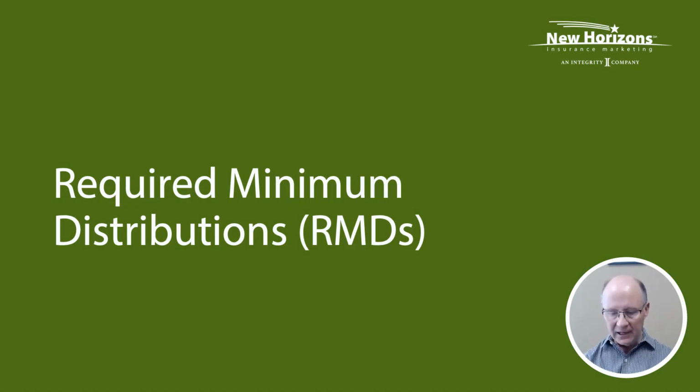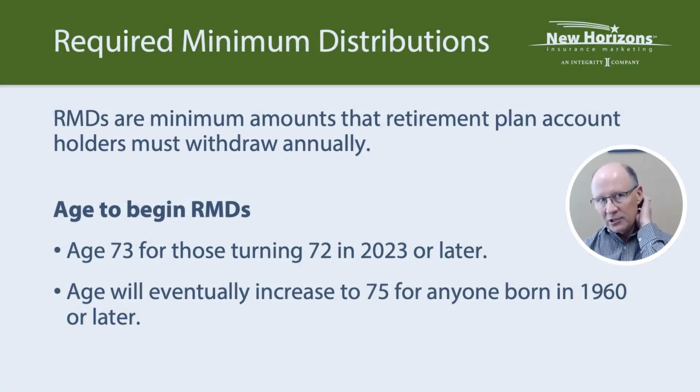The third term of our day here today is required minimum distributions, and you'll hear that mainly referred to as RMDs. This always has to do with the money that Uncle Sam has never gotten his share of yet, so the qualified money. And this has changed over time. Back in the old days, 70.5 was the RMD age.